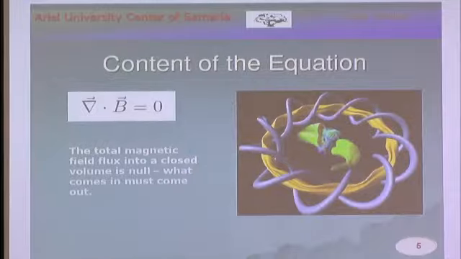Now, what do we have here? Div B equals 0 is just the total magnetic flux going into a closed volume. And if you sum up, you get 0, meaning that what comes in must come out.